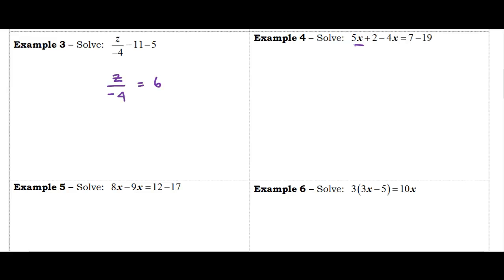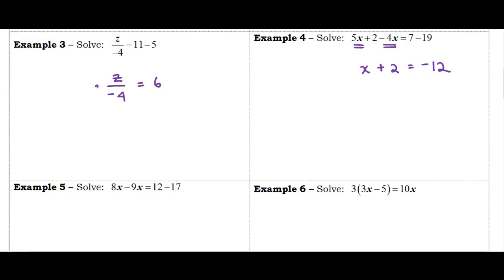What is 5x minus 4x? X. Who else is just going to sit there with the x? Plus 2. And on the right-hand side, I can simplify these like terms. What is 7 minus 19? -12. Good. And so simplify first, right?